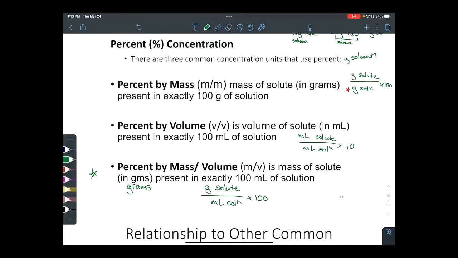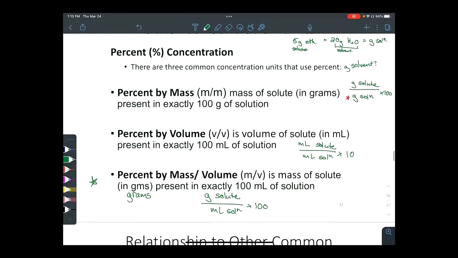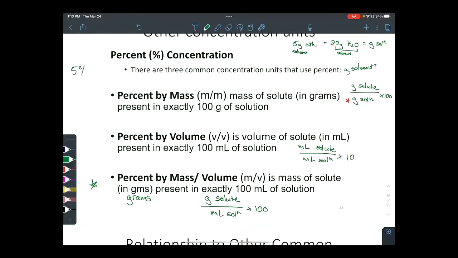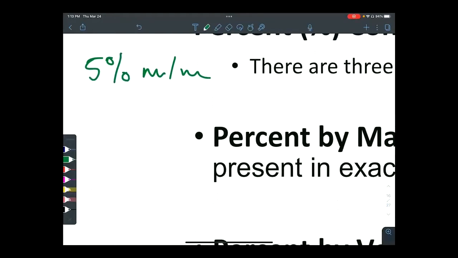If I say you have something that is 5% by mass, you should know what this means. You should know that 5% by mass means that 5 grams of solute equals 100 grams of your solution.